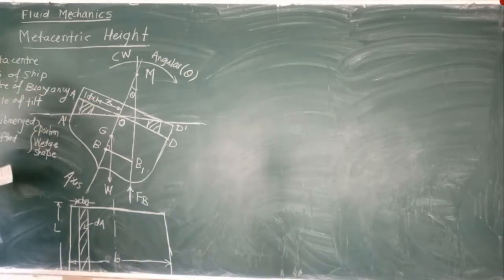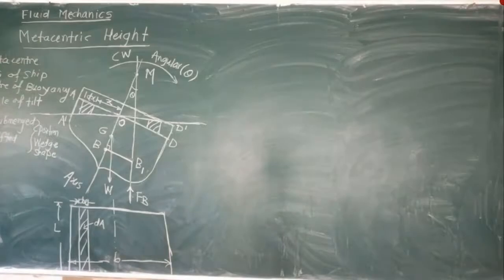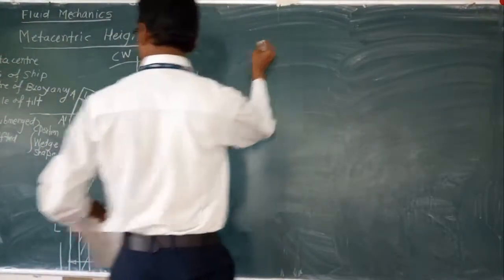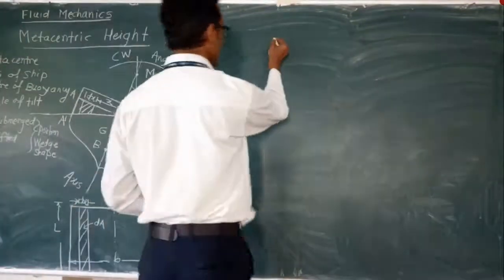Now this elementary wedge shape strip, I am showing in an enlarged format. Suppose this is a triangular shape.